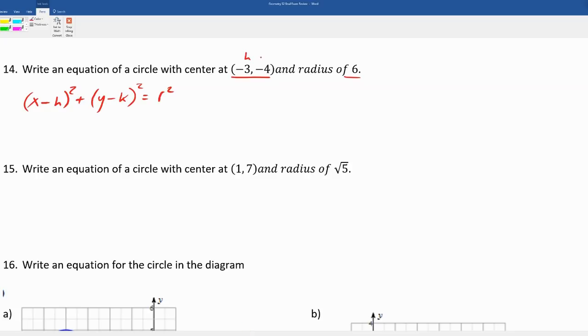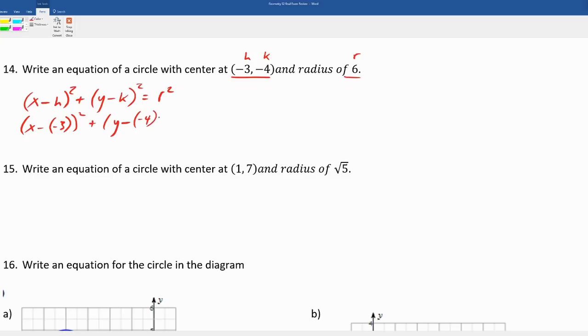Now, h is -3 and k is -4. Your radius is 6. So if we substitute that in for our formula, x minus h happens to be a -3, right? And then we square it, plus your y minus your k, which happens to be a -4.